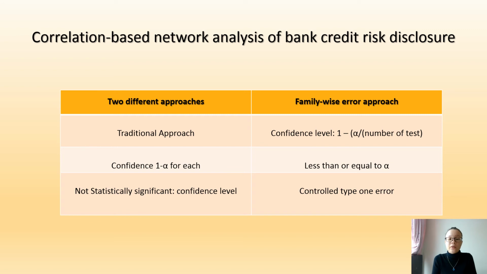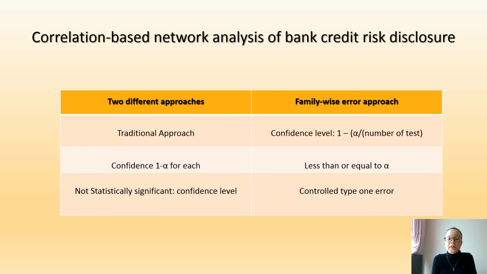The values that are not statistically significant have a confidence level of 5%. The family-wise error rate, also known as the Bonferroni method, considers the statistical significance of the whole network and sets the confidence level at 1 minus alpha divided by the number of tests of the procedure.